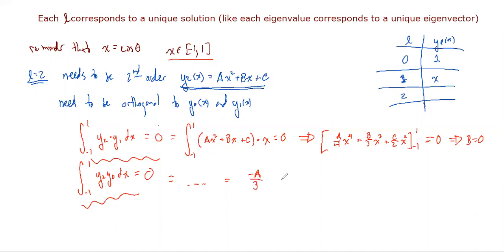And if you integrate out, you get the condition that c equals minus a over 3. So that would mean that y2 of x is equal to 3x squared minus 1. And just by convention, in the same way that there's a 1 chosen to be there, there's a 1/2 chosen to be here. So this is 1/2 times 3x squared minus 1.